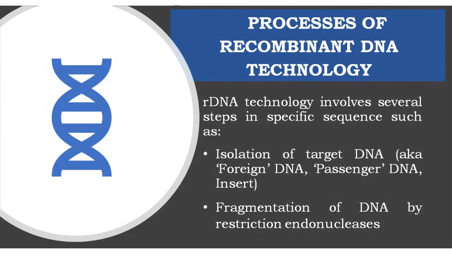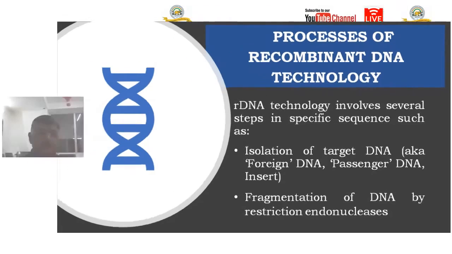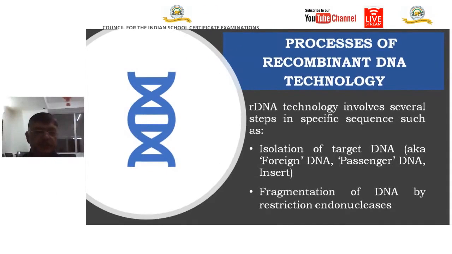This is the theme of biotechnology. All biotechnological processes are based on this. By making small changes here and there, you can get the desired product, but the basic theme remains the same. So the steps in a particular sequence: first thing, we isolate the target DNA.